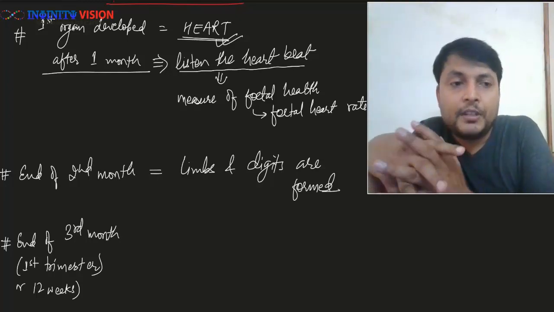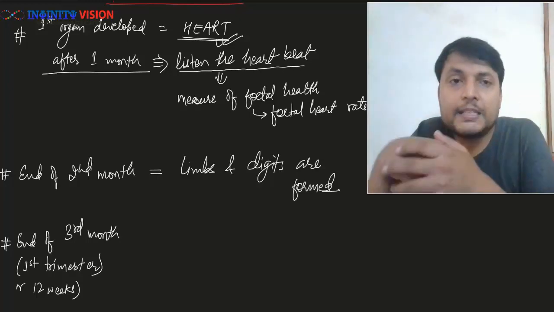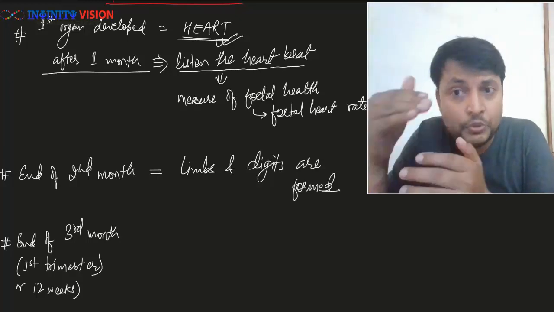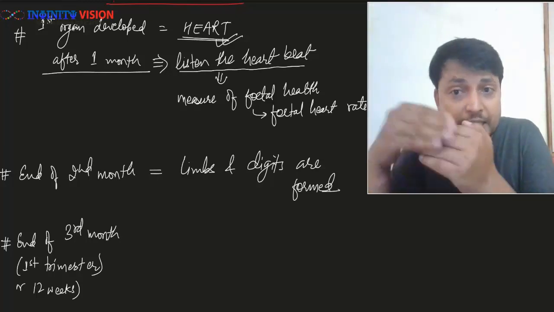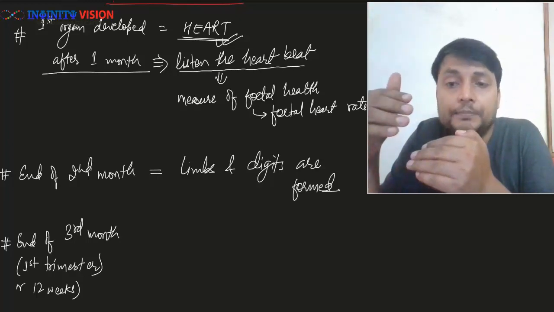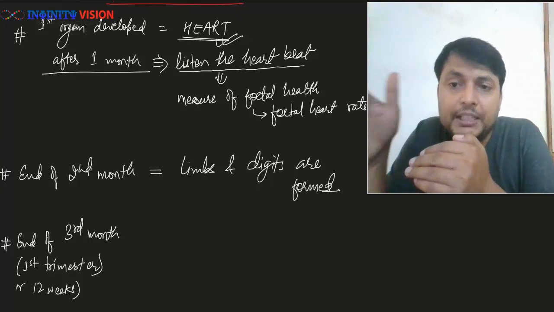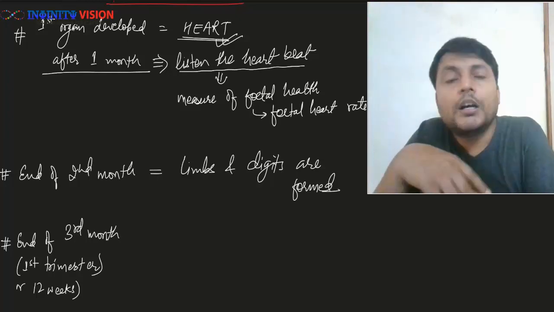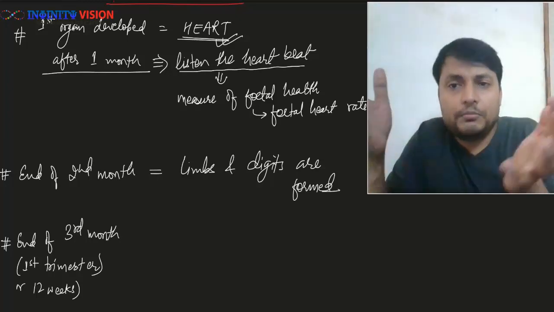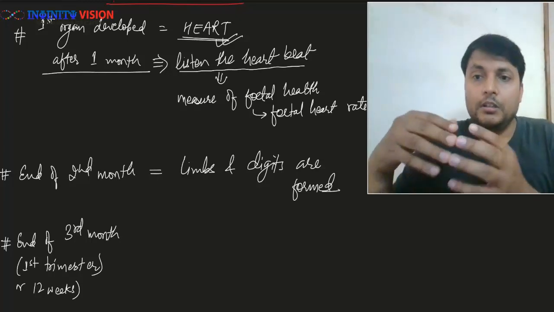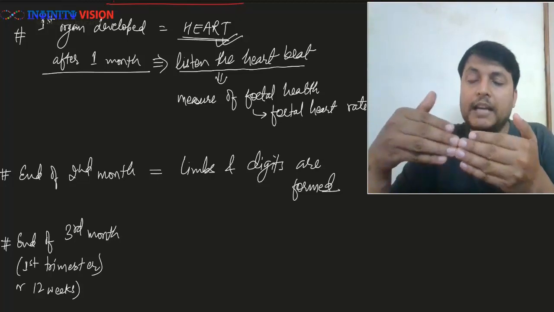A normal healthy pregnancy is around 40 weeks, and the pregnancy is mainly studied in weeks.